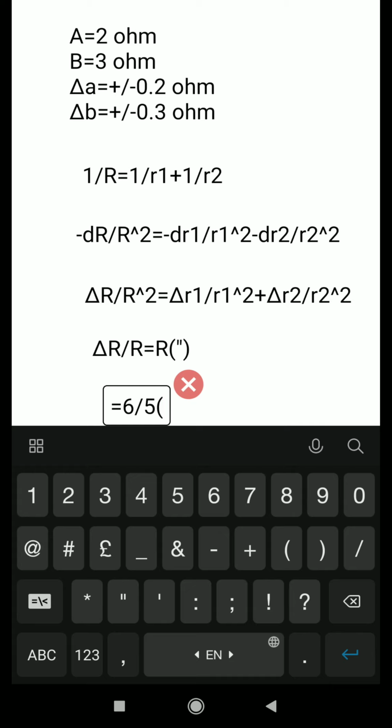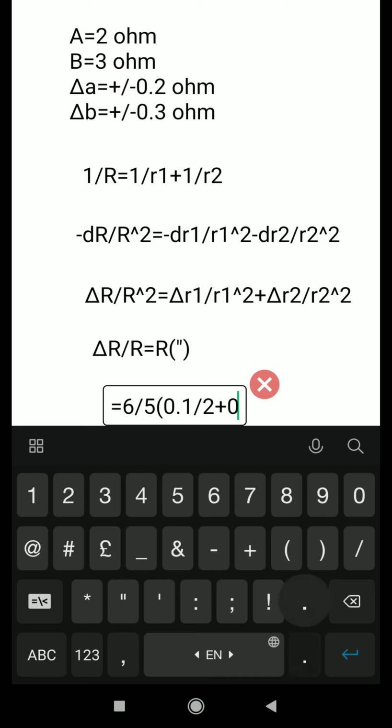Clear? So 0.2 by 2 square is 0.1 by 2, plus del R2 by R2 square. Del R2 is 0.3 and R2 is 3, so it is 0.3 divided by 3 square, which is 0.1 by 3.